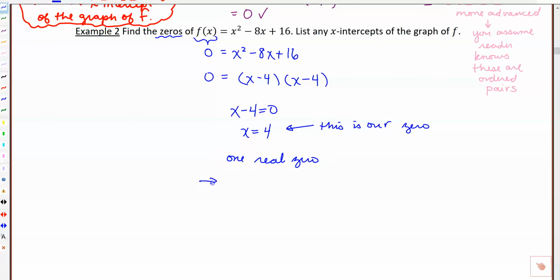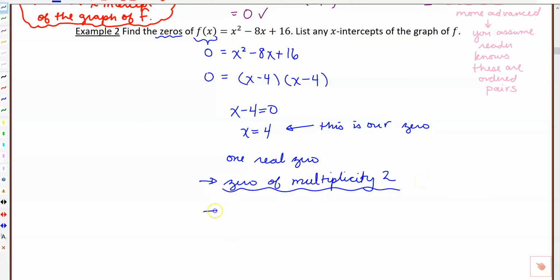And sometimes we refer to it as a 0 of multiplicity 2, because this 0 occurs twice because of the two factors.